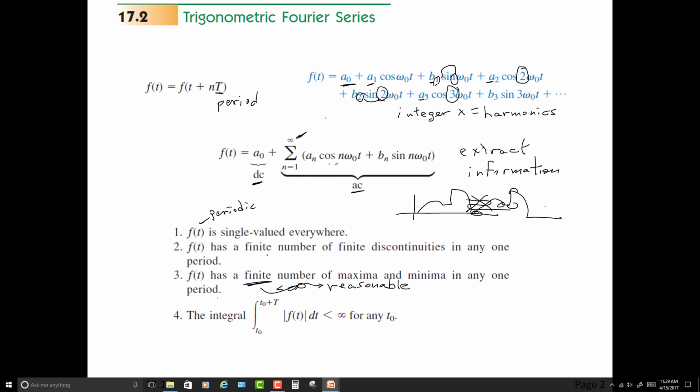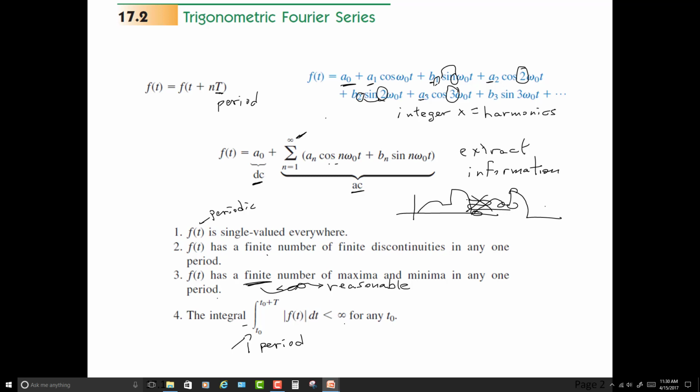So what is this thing here? This is 1 period. That's what we're integrating. And it is what? The magnitude of the function integrated over 1 period is less than infinity, no matter where you start and end. You can start like in a cosine or a sine, you don't have to start at 0.